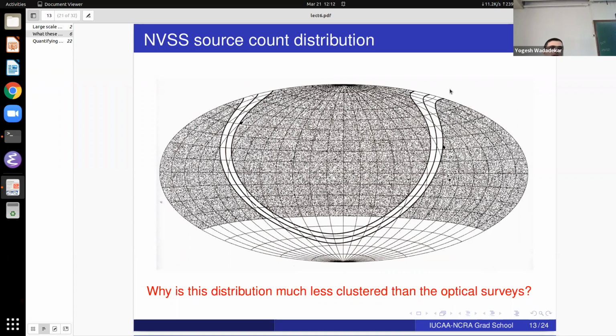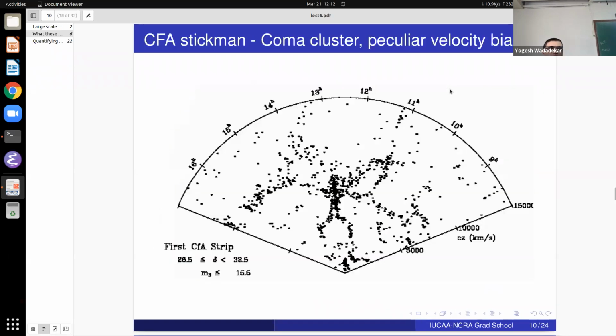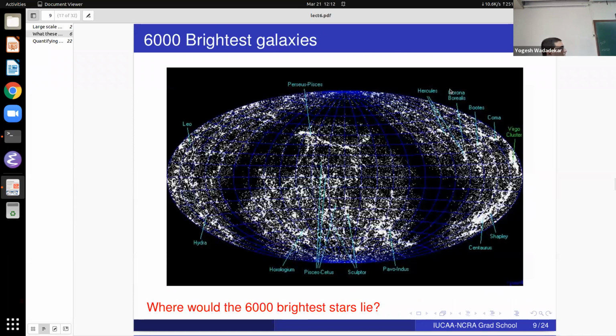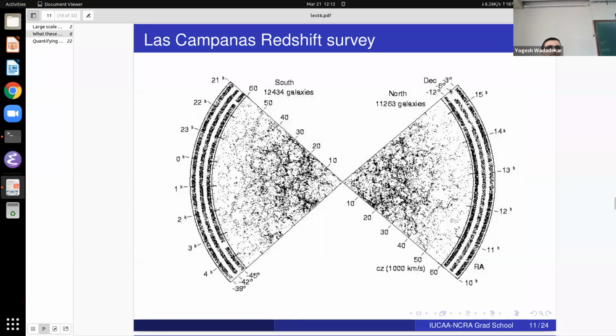So what is shown here is every dot that you see in this picture is a galaxy from the NVSS sky survey, which was a survey done with the VLA telescope about 25 years back, the NRAO VLA Sky Survey. And this is the distribution on the sky. But here you see that the distribution is not clustered at all. So for example, if you compare with this, where you see clear signal of clustering, it's not a random distribution. This seems to be pretty random.